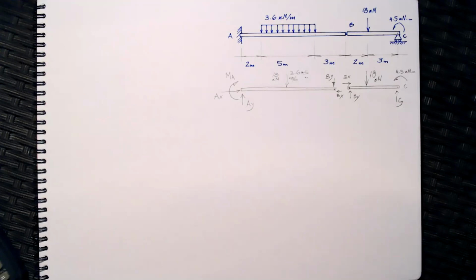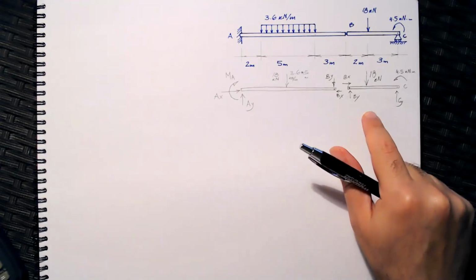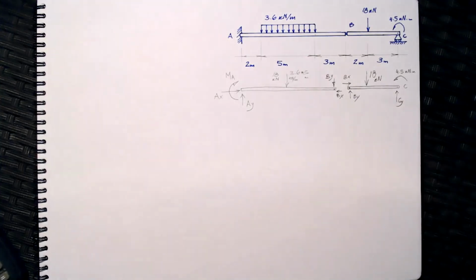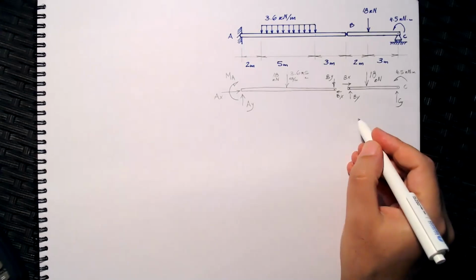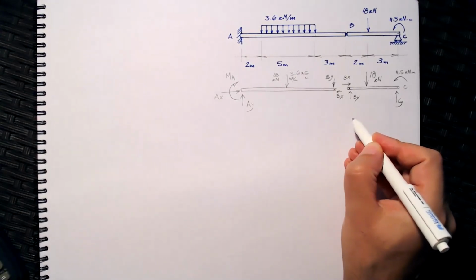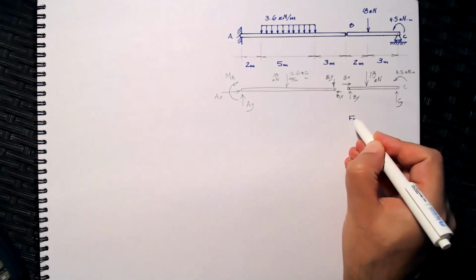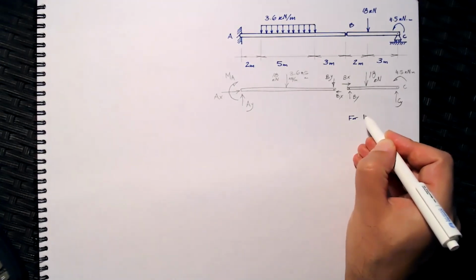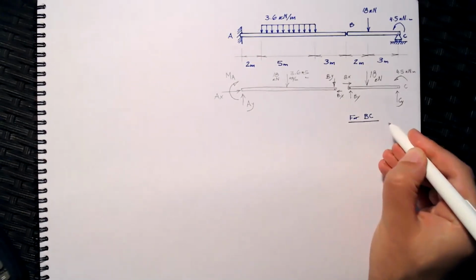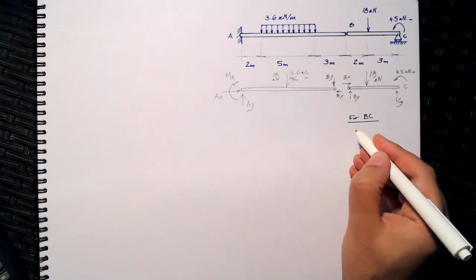The answer is no. We just have 3 equilibrium equations, which is just perfect for the right-hand side, for member BC, to be able to figure out all the unknowns. So I will solve for member BC.